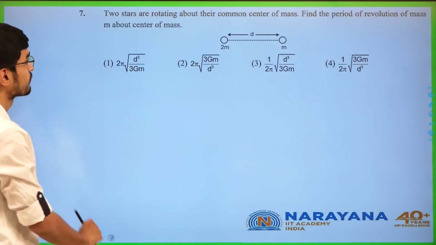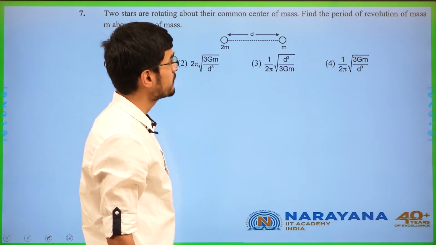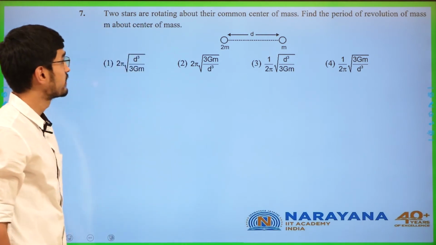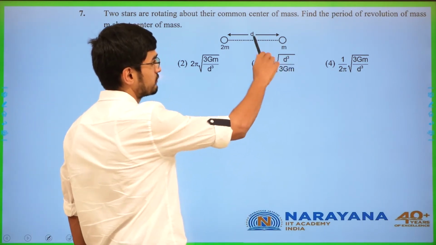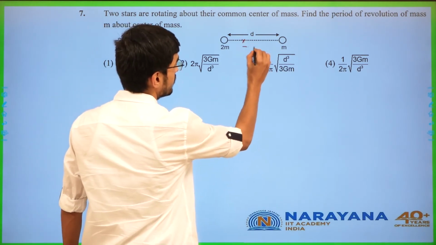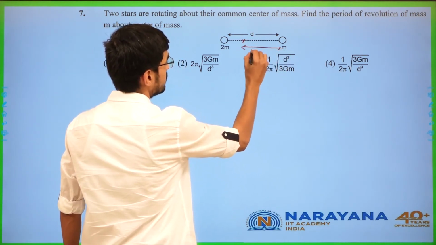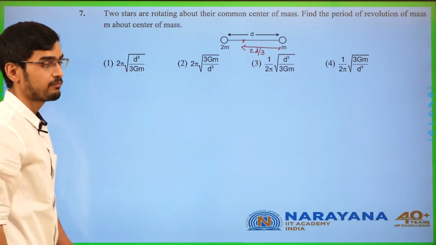Next. Two stars are rotating about their common center of mass. Find the period of revolution of mass small m about the center of mass. So we have to find the time period of revolution for this. The center of mass of this system, if I locate it, will be at a distance of 2d by 3 from small m.